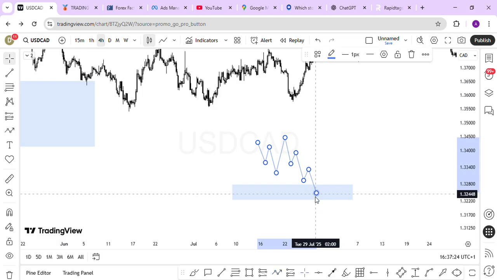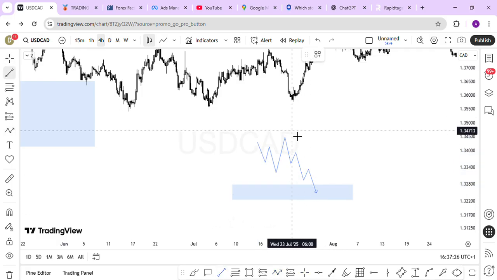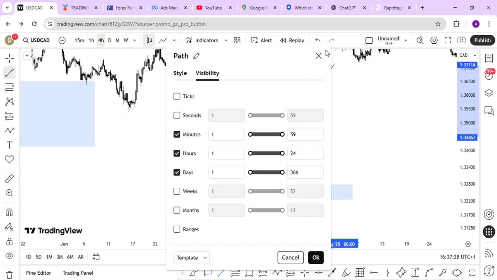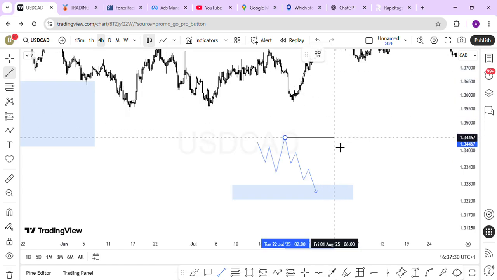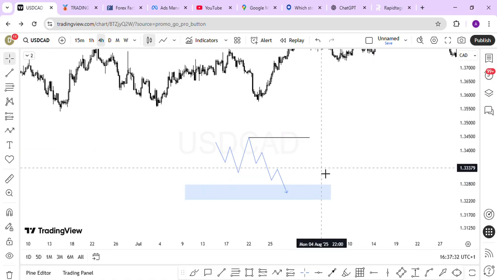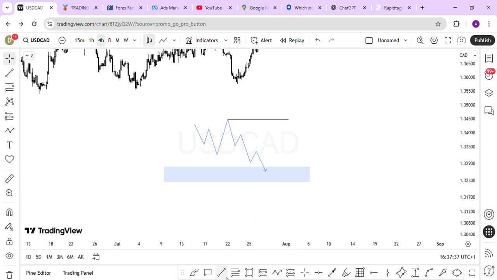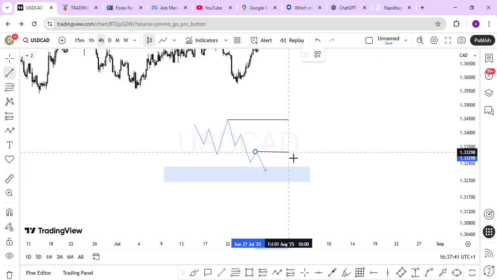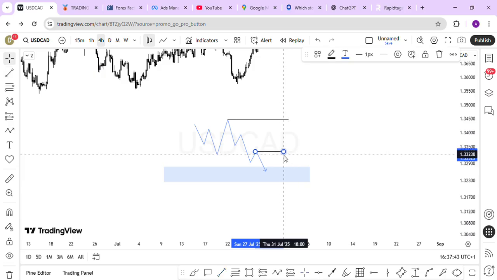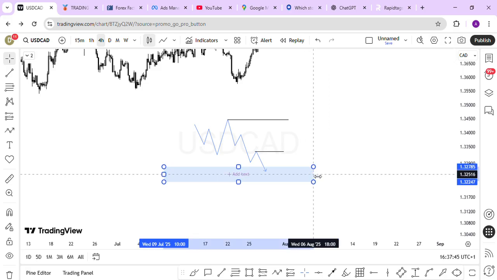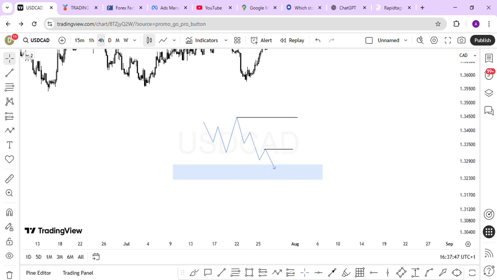Remember, this is a structure, and in a real sense, this is supposed to be your change of character. But because the market has mitigated your higher time frame POI, we use the immediate pullback that's supposed to serve as our inducement as a choch, so that we'll be able to enter this market as early as possible.